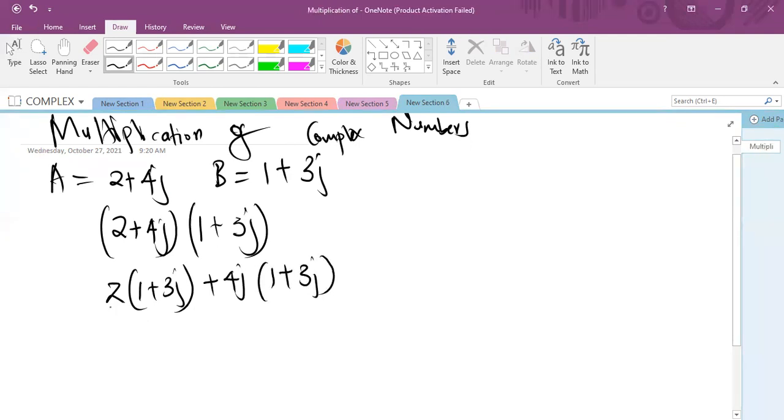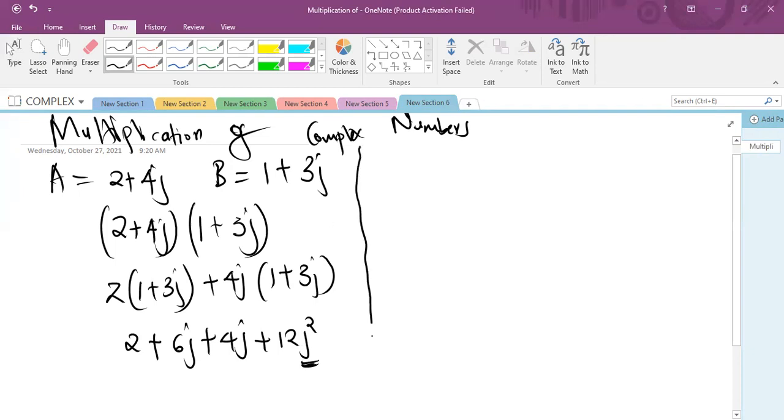So what will that give? 2 times 1, that is 2, plus 2 times 3, that is 6j, plus 4j times 1, that will be 4j, and then 4j times 3j, that will be plus 12j squared. But we already know what j squared is. From the previous workout, we said that j squared is -1.